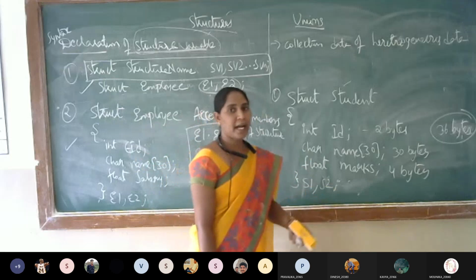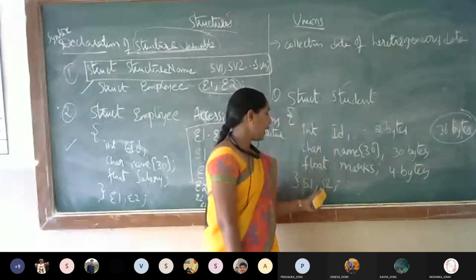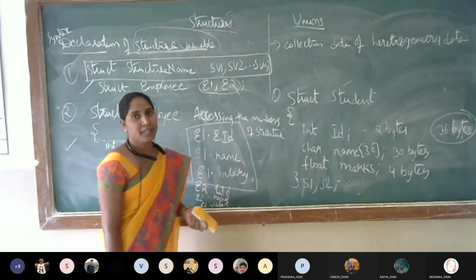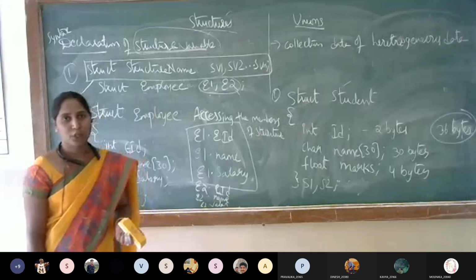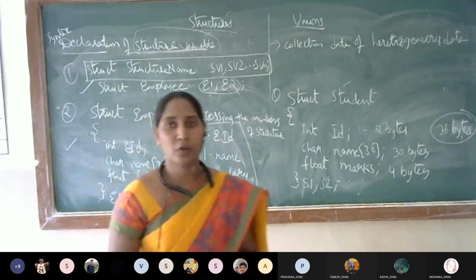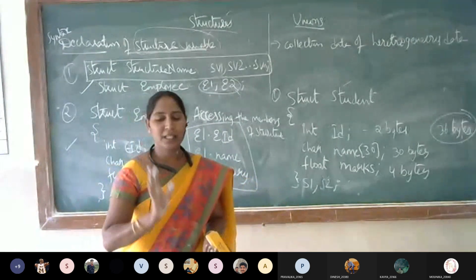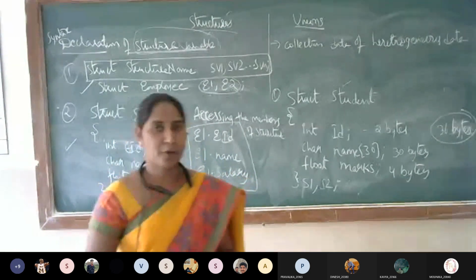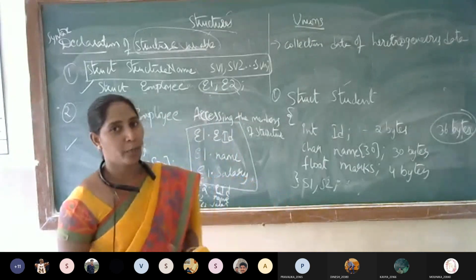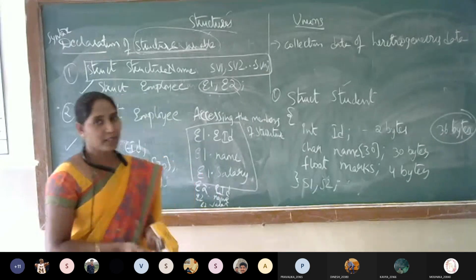If I want to access the second student's data, I write S2 dot ID, S2 dot name, S2 dot marks. Like that we will be accessing. This is the way we access the members of the structure. The structure definition is done, the variable declaration is done, and how to access the members of structures we have finished. Now we will write a program to access the members of the structure.